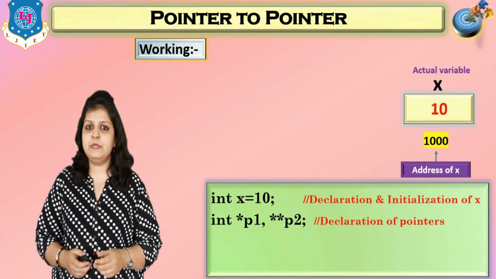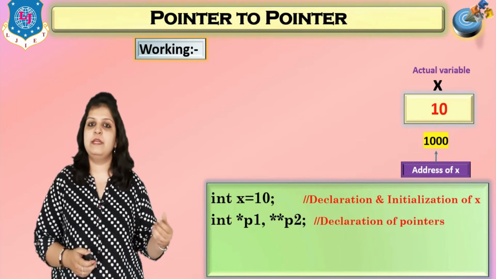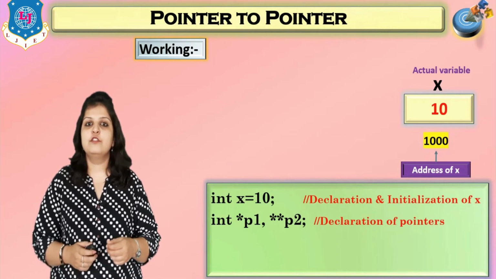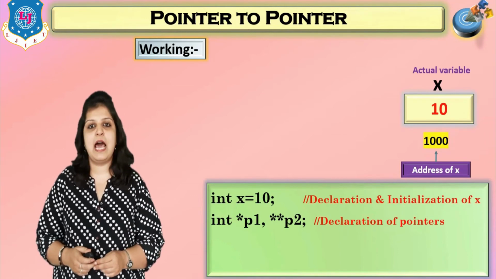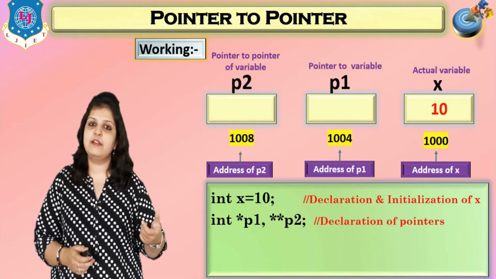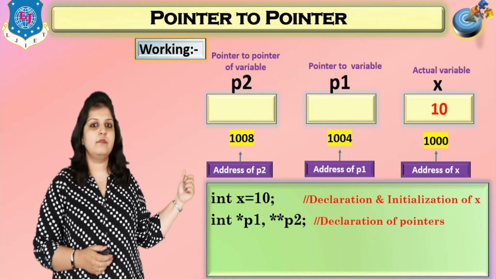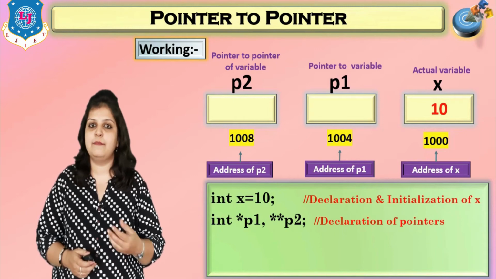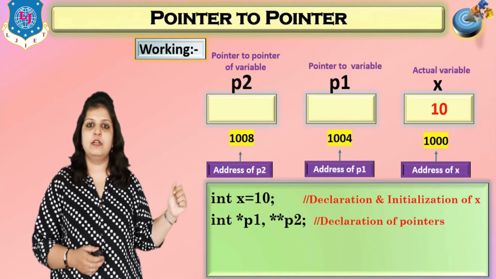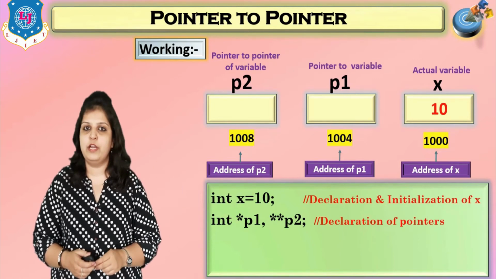Here p1 is a simple pointer and p2 is our double pointer, or we can say pointer to pointer. So when this statement executes, one memory address for p1 will be allocated, same for p2. Here I am taking random address 1004 for the p1 pointer and 1008 for our double pointer.